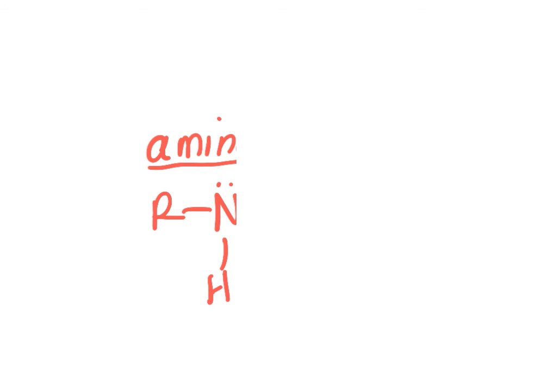And then if the nitrogen has 2 R groups and that carbonyl, it would be a tertiary amide. So again, I just want you to have those in mind when you're looking at molecules and identifying functional groups. You will not have to designate primary, secondary, and tertiary at this time. That will come later. However, I want you to be able to recognize these configurations when you see them in a molecule.